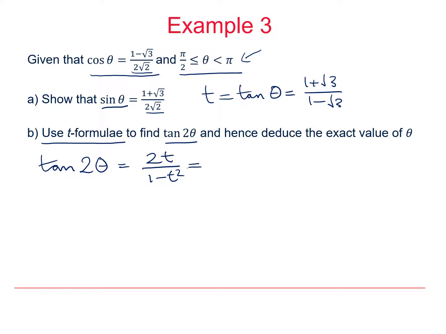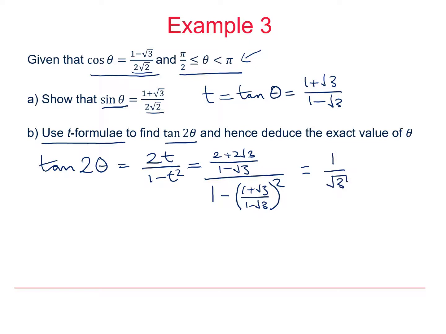And 2t, if I take quite a complicated fraction here, 2 plus 2 root 3 over 1 minus root 3, all over 1 minus, all in brackets, 1 plus root 3 over 1 minus root 3, all squared. And if you put that into a calculator, you end up getting 1 over root 3. And this is one of the trigonometric values you should know.